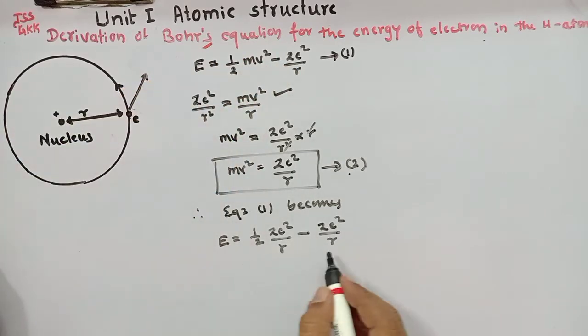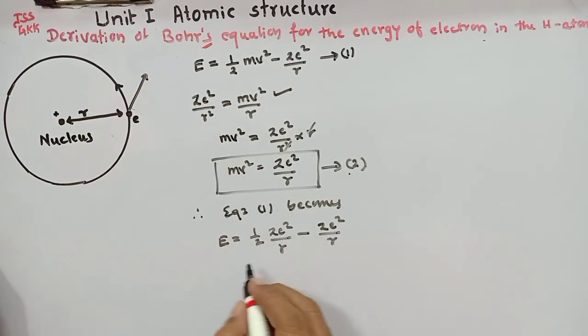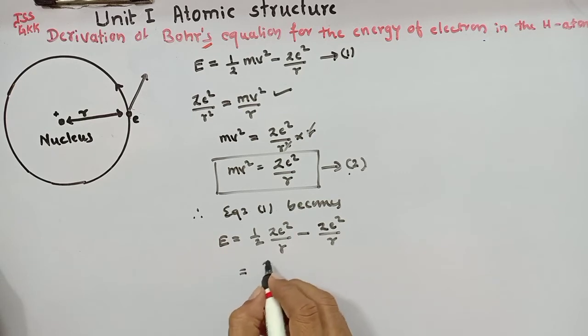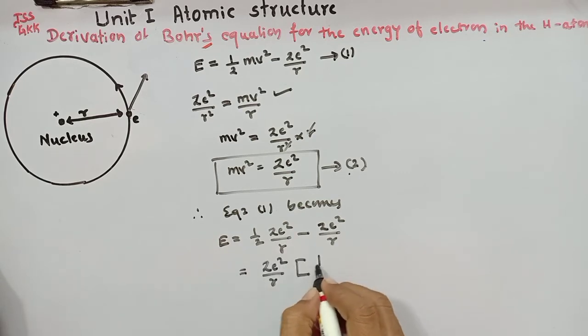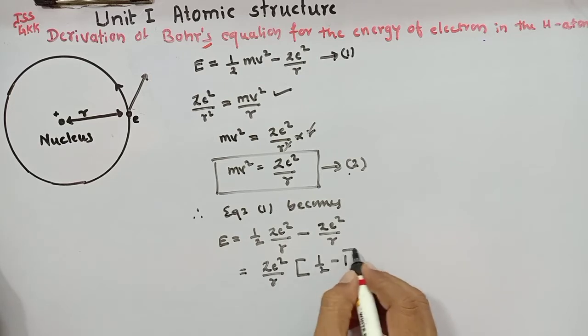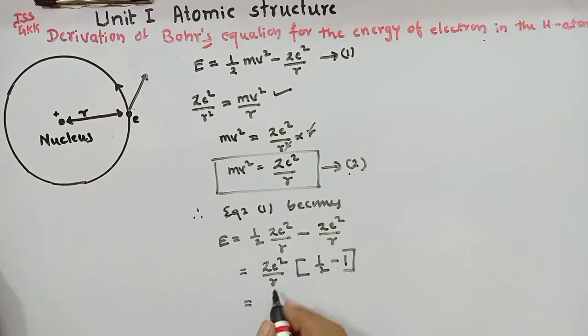Here, the common factor is Ze square divided by r. Therefore, take it outside: Ze square divided by r into 1 by 2 minus 1. That is Ze square divided by r into minus 1 by 2.